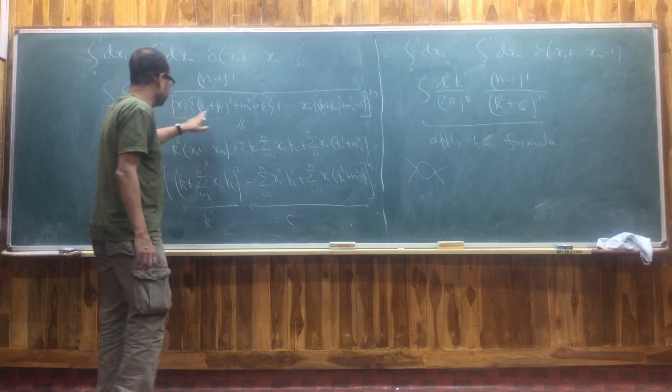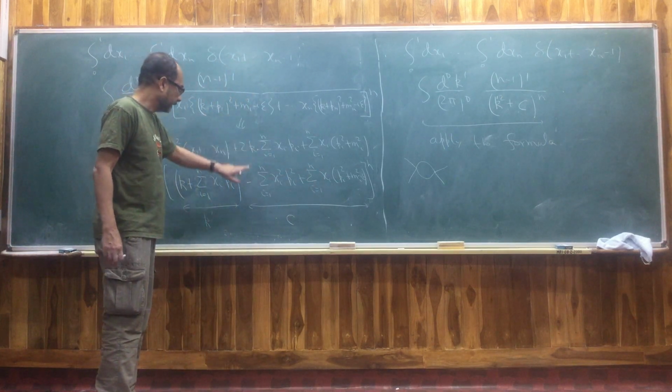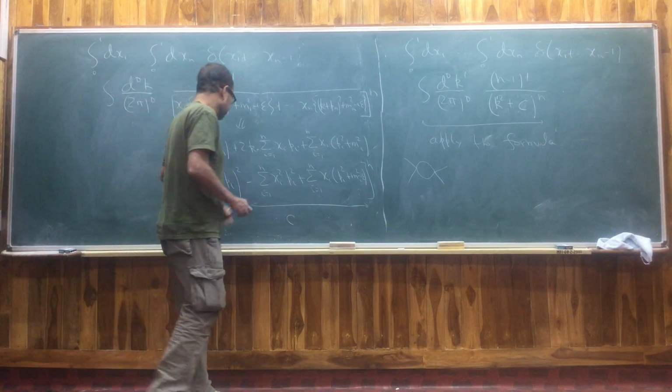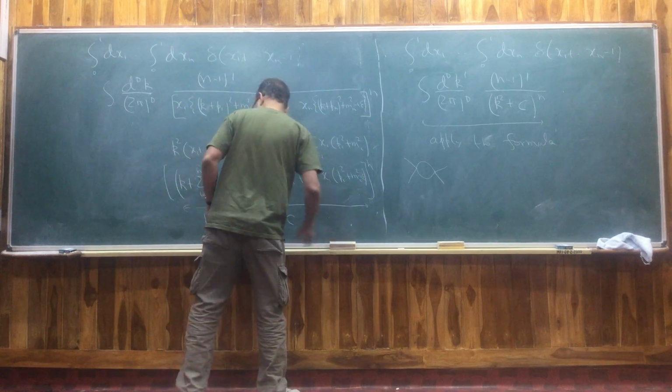Because x1 times p1 squared plus m1 squared. The first term should be, oh yeah, thank you. This should be sum over xi pi whole squared, yes.